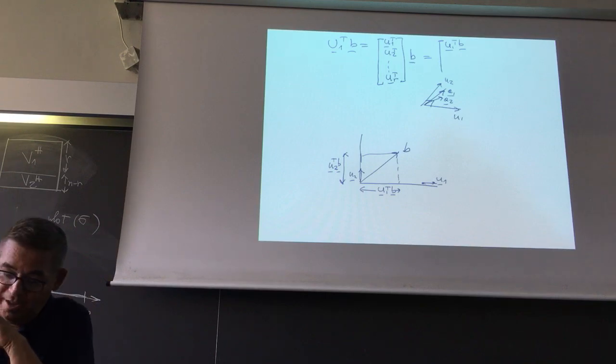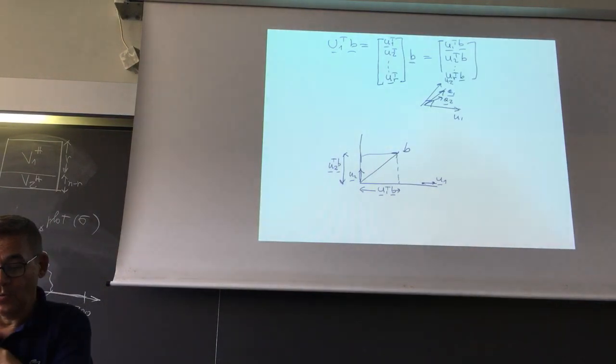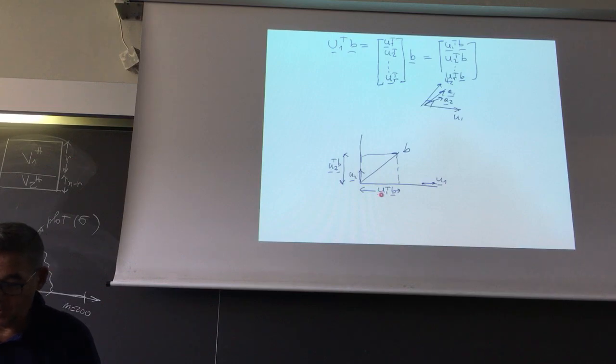So U2 transpose B, and so on, until I have UR transpose B. Now, what you want to do is say, this U1 transpose B should be multiplied by U1. So I take this length, U1 transpose B, which is a scalar, and I multiply by U1.